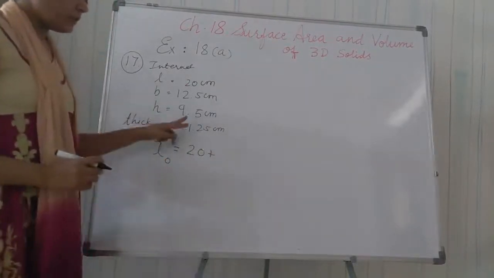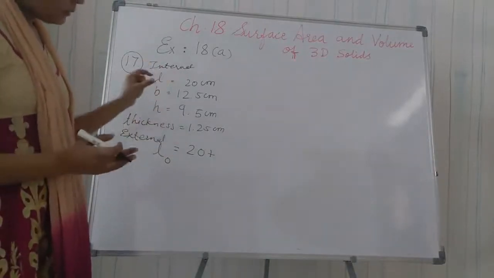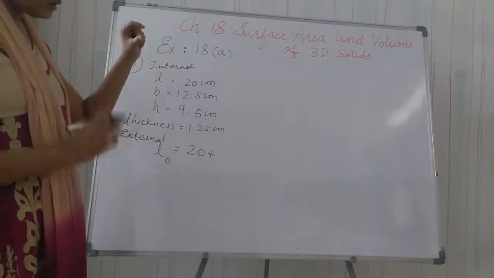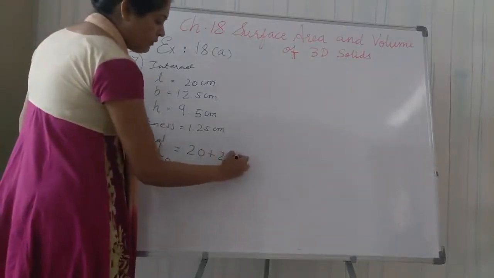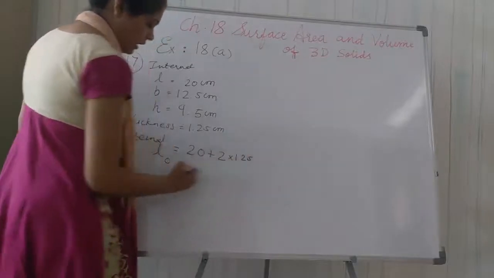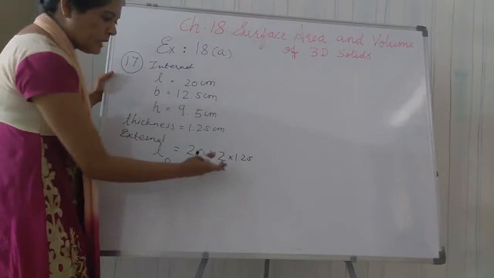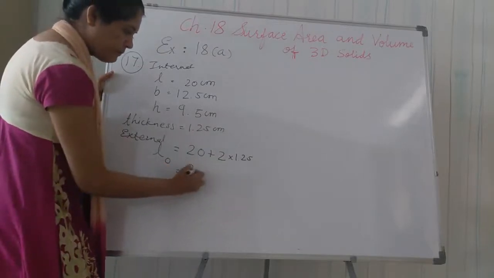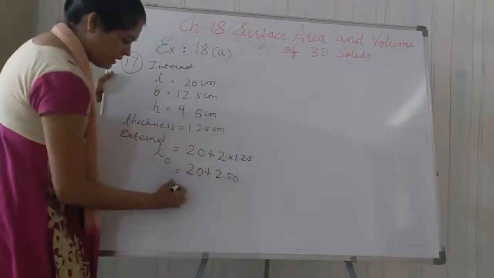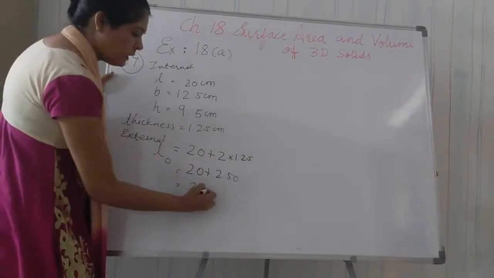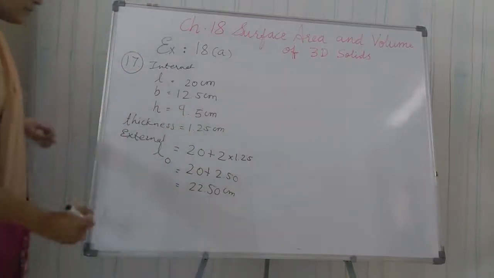You see, this 1.25 is not one-sided, it is two-sided: the thickness is on the upside and the downside in the length. So if the thickness is 1.25, I have to multiply it by 2, so that I get 2.50. It means the outer length will be 22.50 centimeters.